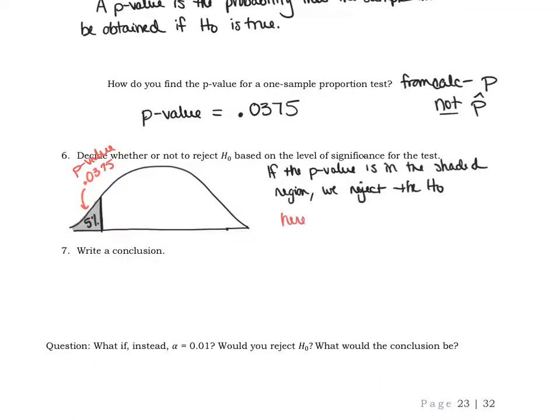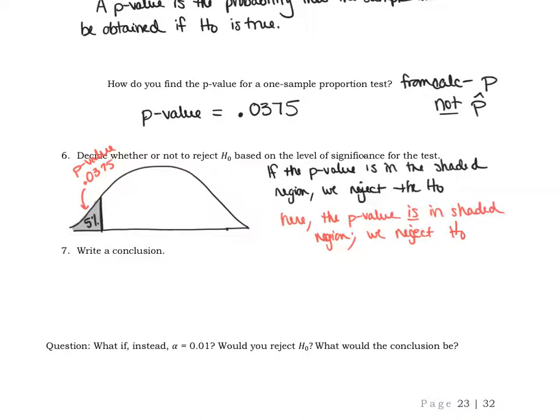So here, the p-value is in the shaded region. So we reject H sub 0. Sorry, my screen is really wonky today. Okay, we reject H sub 0.